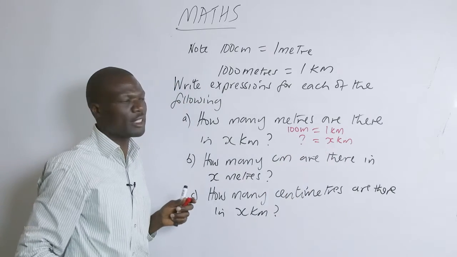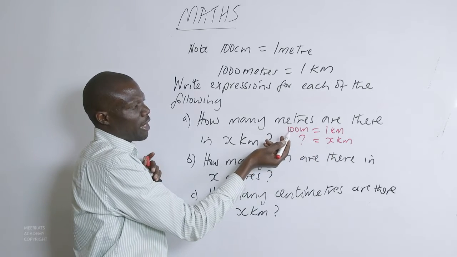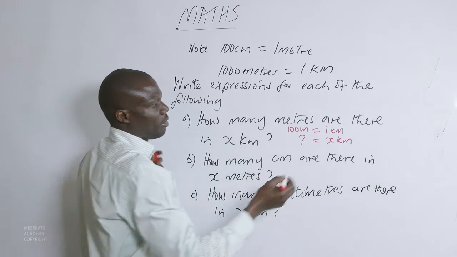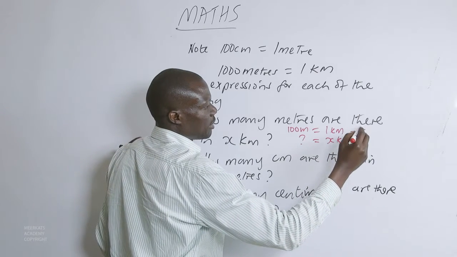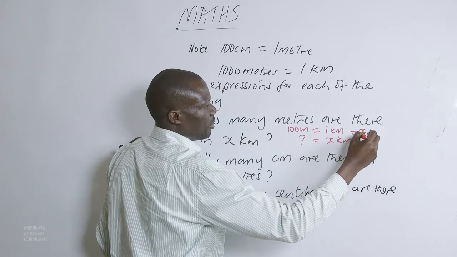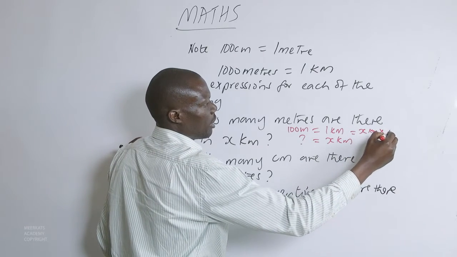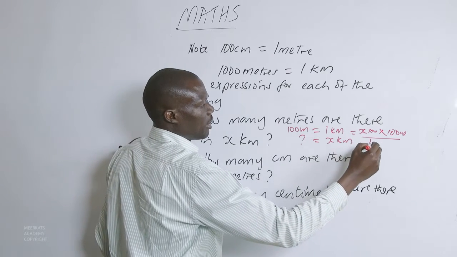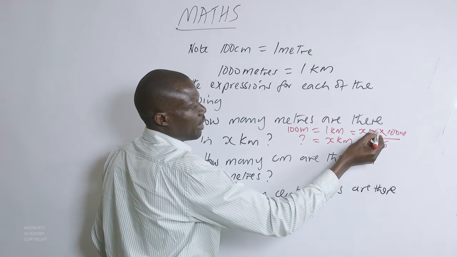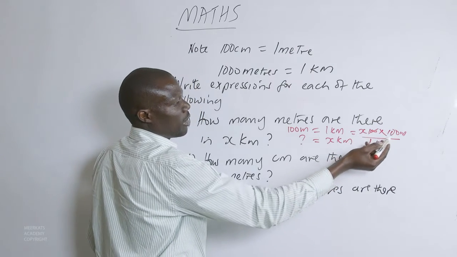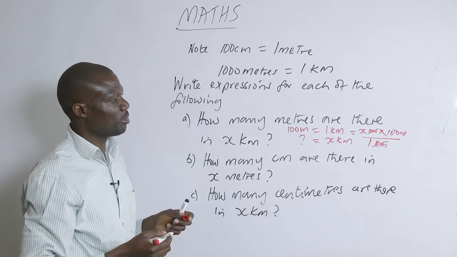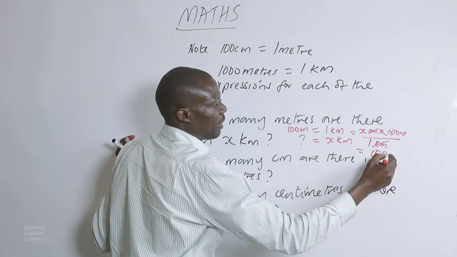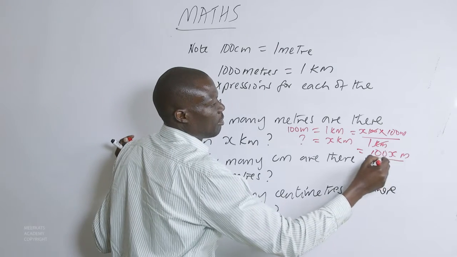So in this particular case, it is X kilometers multiplied by 100 meters divided by 1 kilometer. Kilometer here and here will cancel. So we have X multiplied by 100, which will give us 100X. And the answer is in meters.